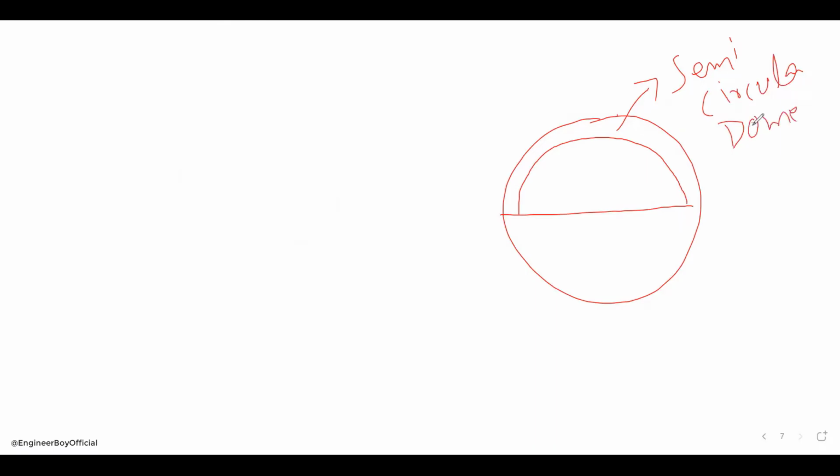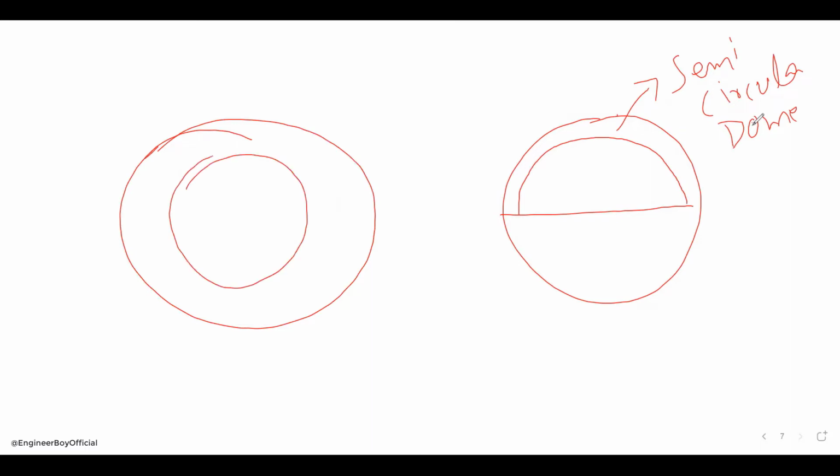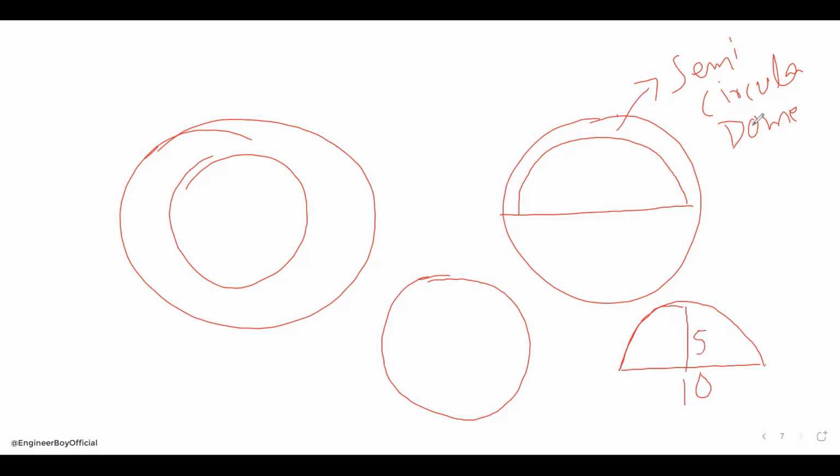Now, what about segmental? Let's say this is a sphere and segmental. Semicircular is very important, and most of the students don't understand it. For a semicircle, you have to look at the chord. Let's say I have some dome like this, and this chord is 10, and then the rise, let's say, is 5.